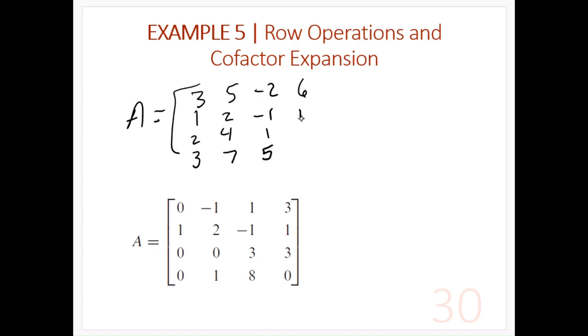Then we got 6, 1, 5, 3. So quite the matrix here. And so, like I said, example 5 is going to be a big old combo. So we're going to be mixing our row operations with our cofactor expansion that we learned in the last section.